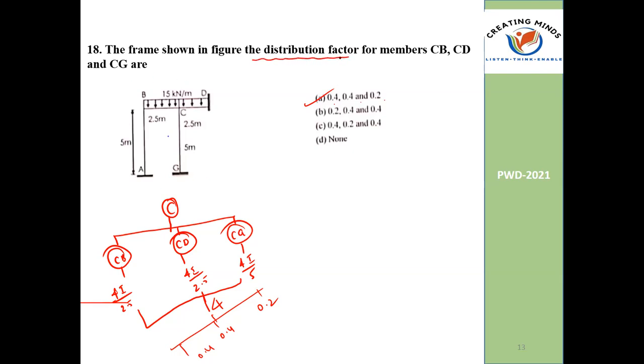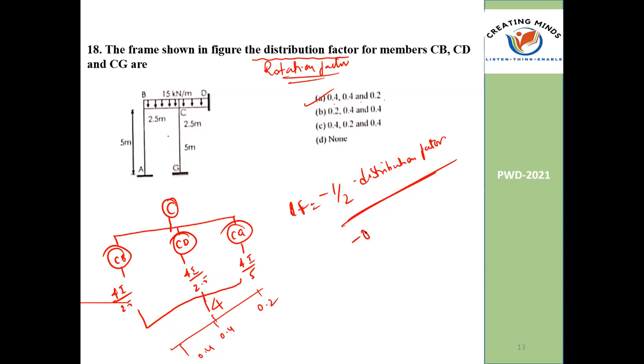Now, instead of distribution factor, I will put rotation factor. What is rotation factor? Rotation factor RF is equal to minus half of the distribution factor.